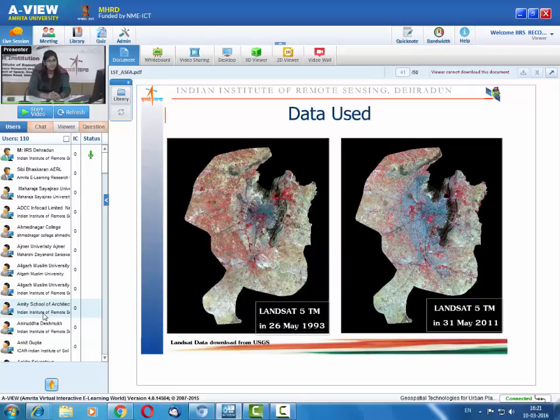But this is climate and we are talking about temperature, and we relate it to the urban heat island effect. So we are saying that the urban areas are expanding, and within two decades they must have expanded a lot, and hence we can see a starkly different scenario between these two years, a huge difference of 20 years. We could have taken more also, but data was a difficulty, so we took the maximum we could, a period of 18 years or so.